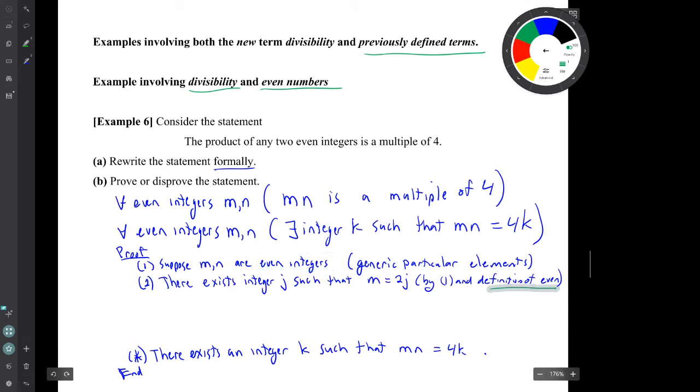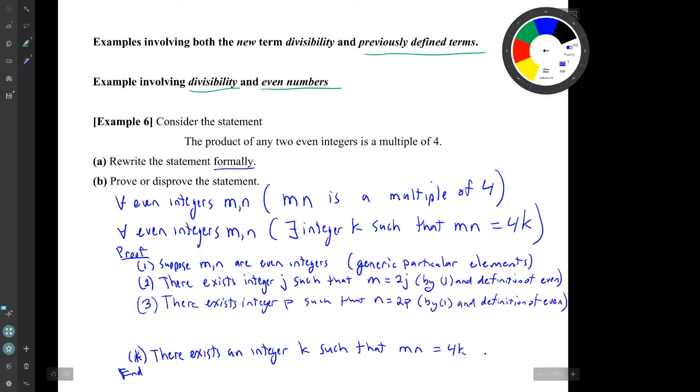Now we have another sentence just like that for the letter n. Statement 3 is unpacking the knowledge that n is an even number. n is even means there exists an integer p such that n equals 2p.